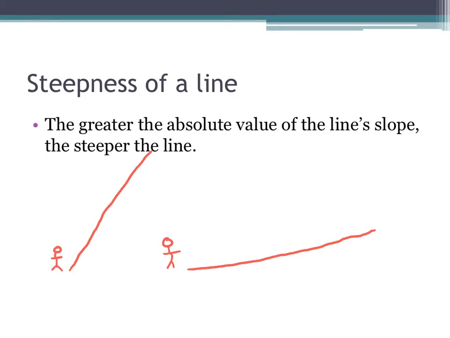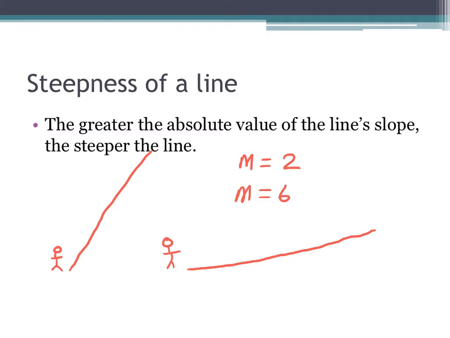So when we talk about the steepness of a line, we're talking about the greater the absolute value of the line's slope, the steeper the line. So what it means is that if I have a slope of 2, that is not as steep as a slope of 4. Actually, that line's really steep.